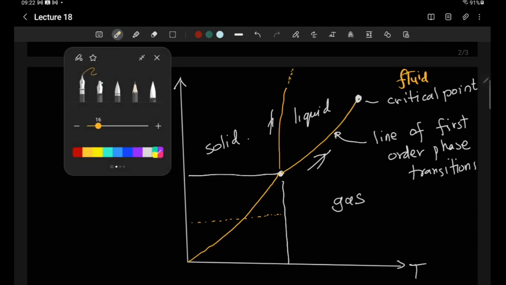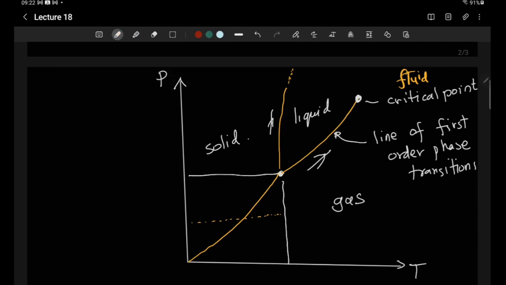So this curve is called the sublimation line, the curve of sublimation.